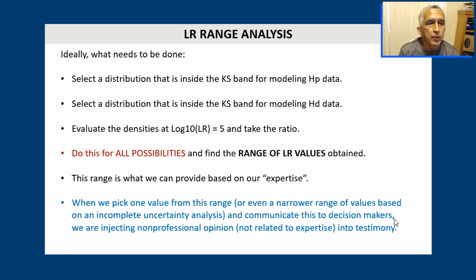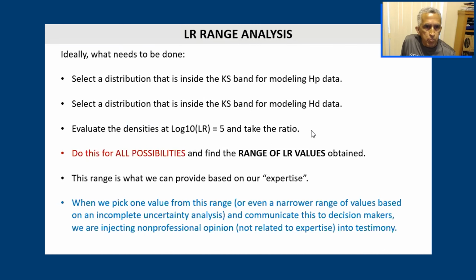So we wanted to approach this question of plausible range of LR values in a systematic way. Ideally, what one has to do is select a distribution that's inside the KS band for modeling the HP data. Similarly, for HD true data, evaluate the densities at the point of interest, take the ratio.